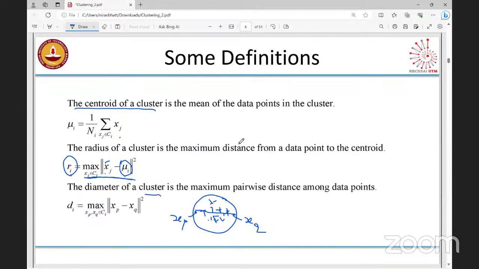That is called the diameter of the cluster. So why am I discussing these definitions? Because these definitions will help us compute the similarity between different points inside a cluster, and the similarity between different clusters.